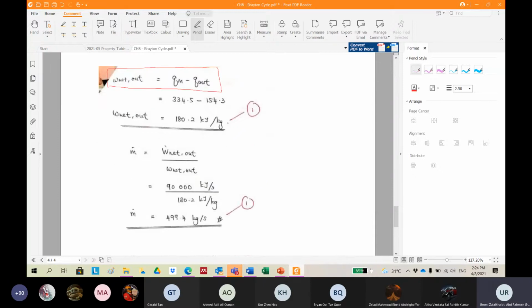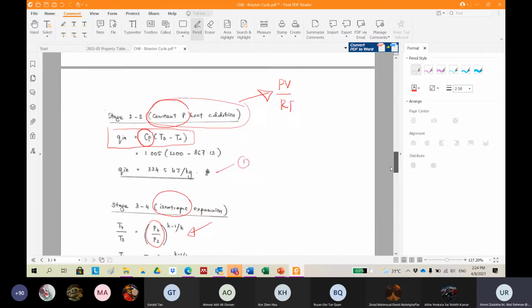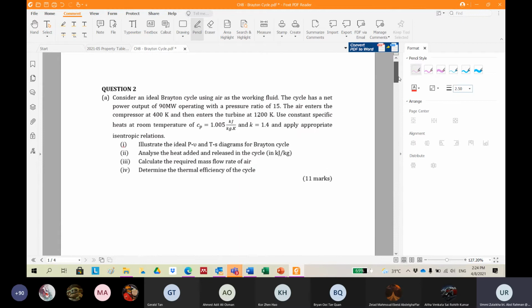Then the question asks you what is the m dot. Basically you can see that here you have been provided the net power output. This is W dot net. When you calculate the heat added and heat released, from here you can get the small w net.